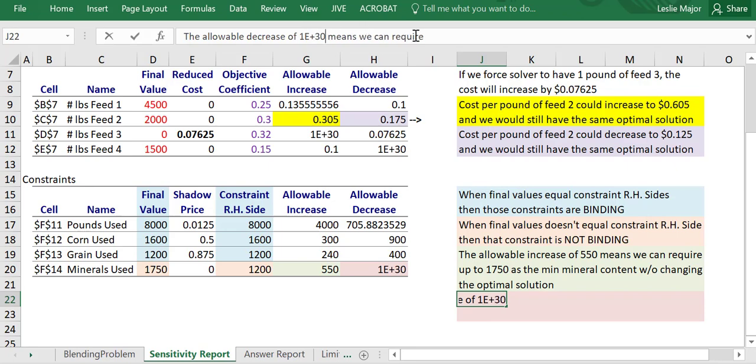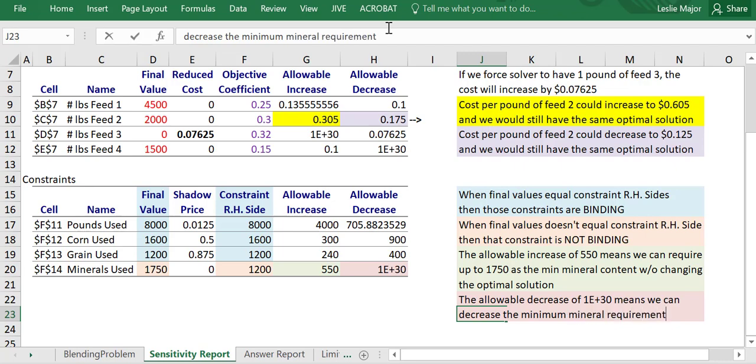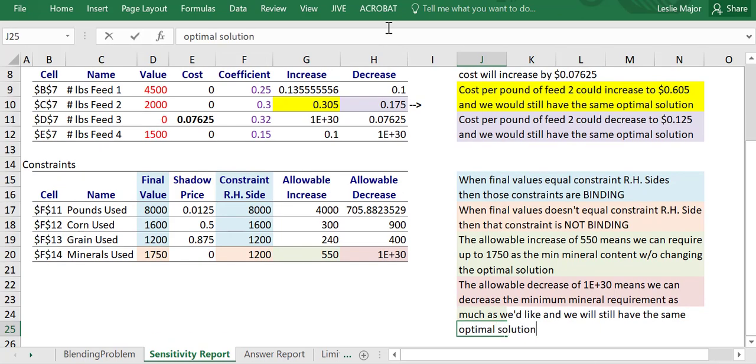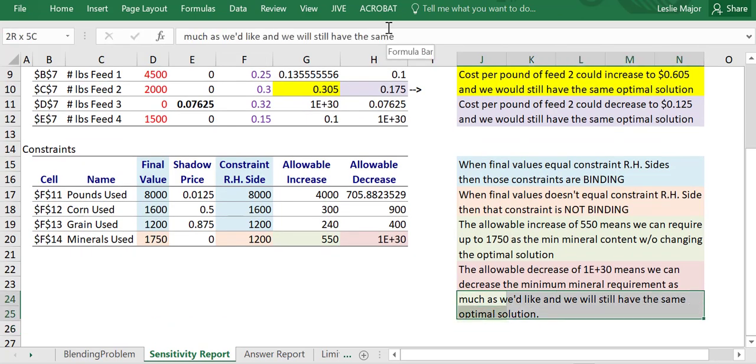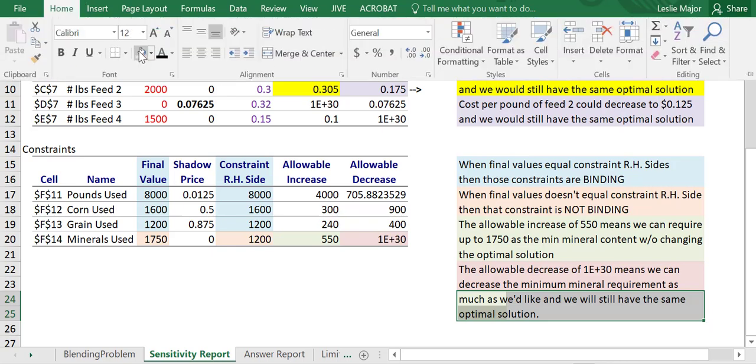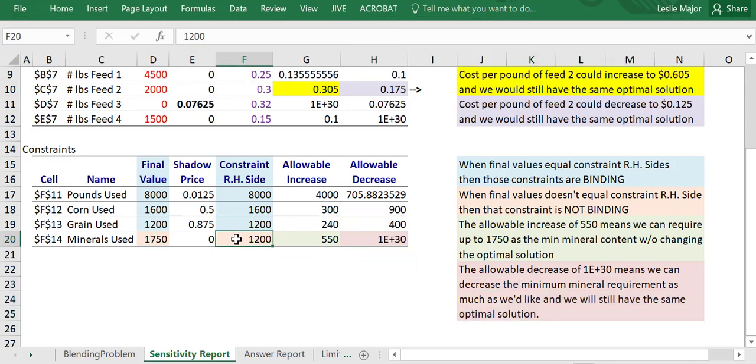What that means is that we can decrease the minimum mineral requirement as much as we like, and we will still have the same optimal solution. We could drop that required mineral content down to 0 even, and we'd still have the same optimal solution.